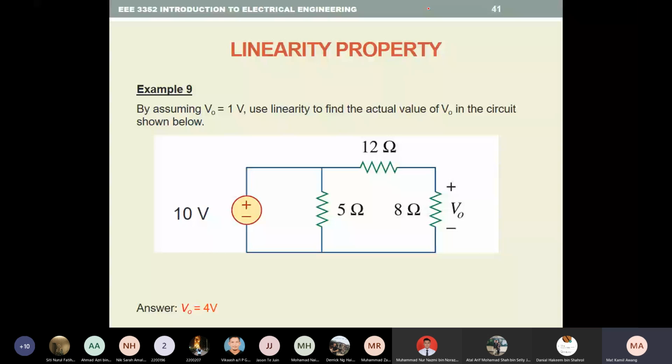Let's say we assume V0 is equal to 1 volt. Use linearity to find the actual value of V0 in the circuit shown below. The answer is V0 equal to 4 volts. So you assume V0 is equal to 1 volt.